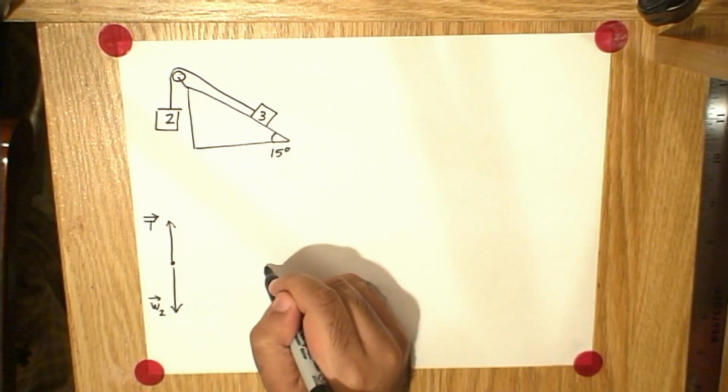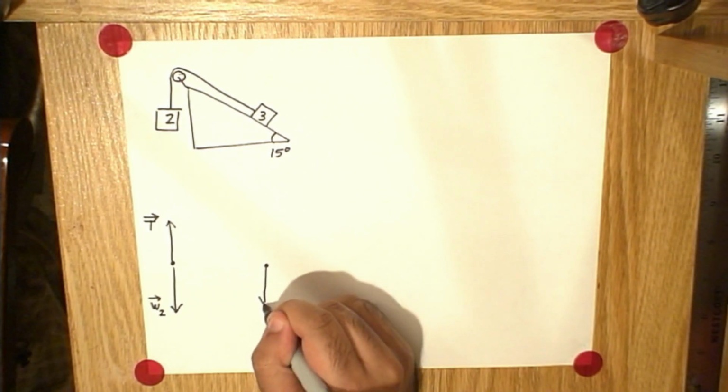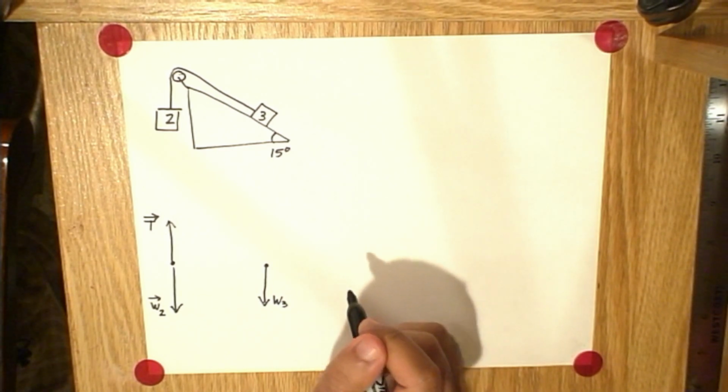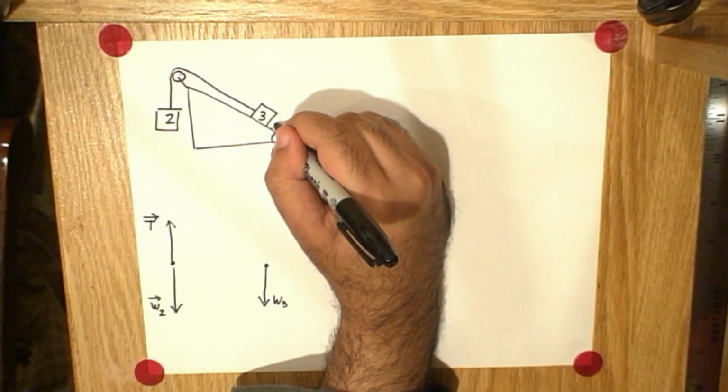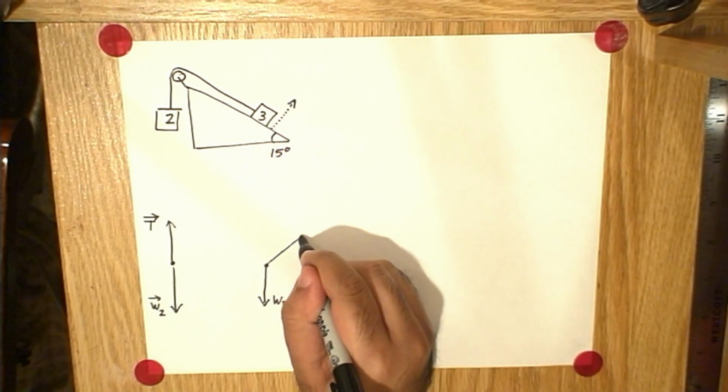For the 3 kilogram object, we're going to have its weight pointed down. Call that weight sub 3. The normal force always points at right angles to the surface, like that. So the normal force points off at an angle like so.